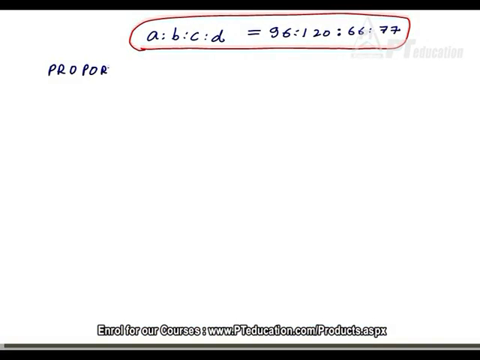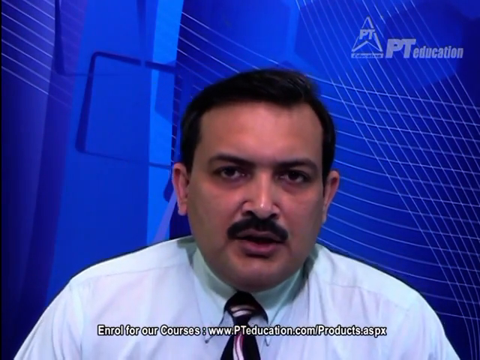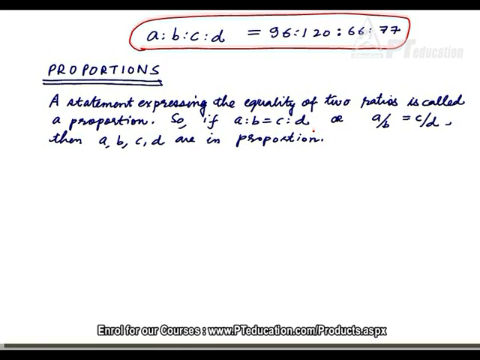Okay, now we will take a quick look at the theory of proportions, which is nothing but an extension of the theory of ratios. Proportions. As you can see in the notepad, a statement expressing the equality of two ratios is called a proportion.